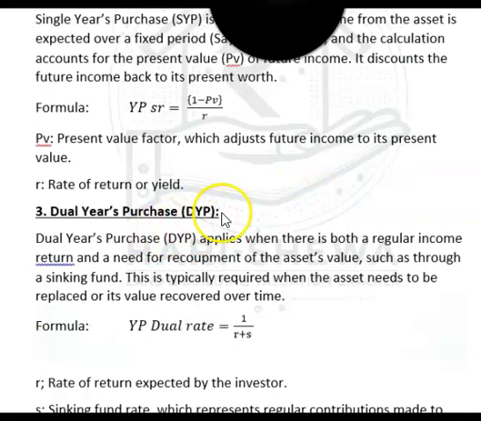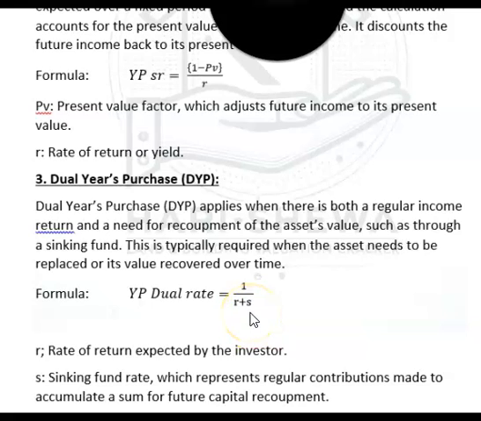Dual rate year purchase. Dual rate year purchase we have learned is 1 divided by R plus S. R is the rate of return, S is the sinking fund. You know how to calculate the sinking fund.